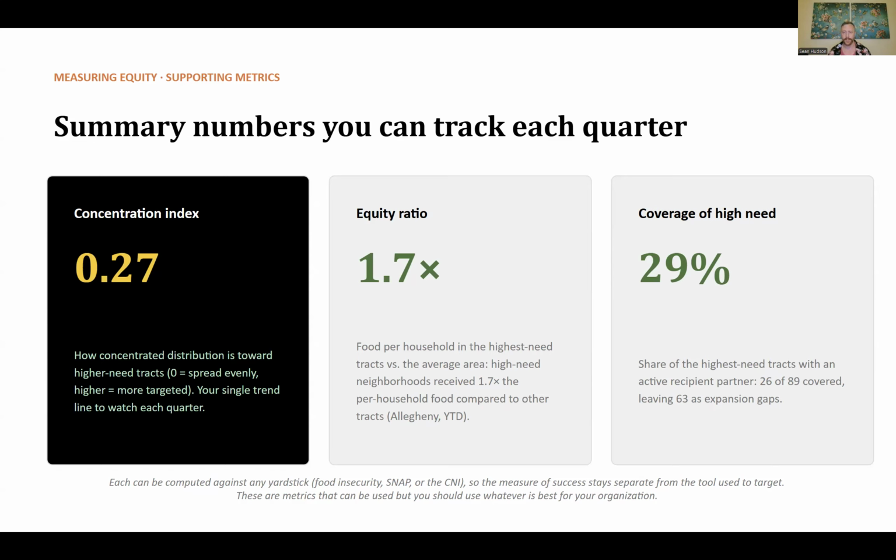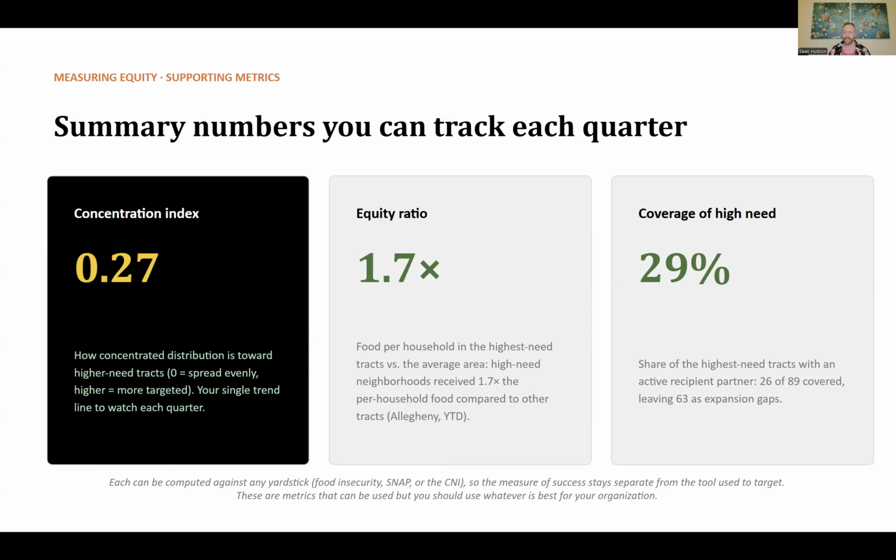Another one that you can look at, especially if you have a well-defined service area, is the coverage of high need. So the share of your highest need tracts with an active recipient partner, right? In this case, the highest need chunk of tracts in Allegheny County, there's 89 of them in total. We have at least one partner in 26 of them. So we have a 29% coverage.